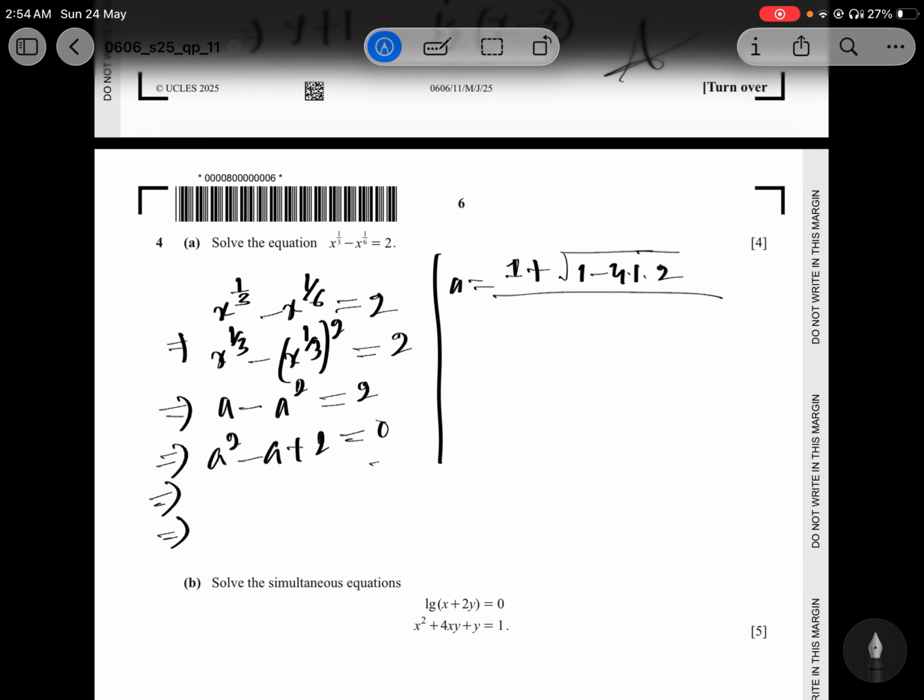What the hell is this? And twice 1. Oh my god, it's an imaginary root here. Okay, let me think a little bit genuinely. So 1 over 3, 1 over 6 can be written as 1 by 3 to the power square. I can write it. Oh my god, no, no, no, no.